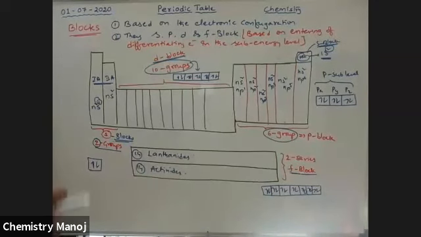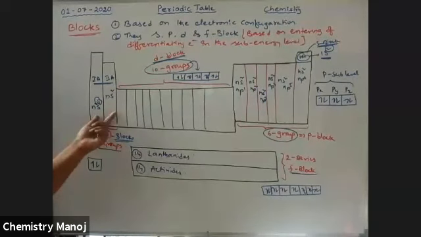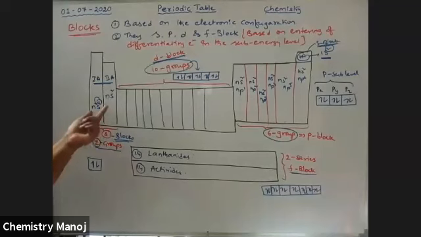So roughly, this shows how many groups and how many elements are available in the different blocks. Now we are taking them one by one. S block elements: what are these? Here two groups are there, and their general outermost electronic configurations are ns1 and ns2.